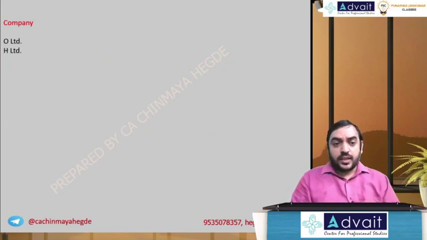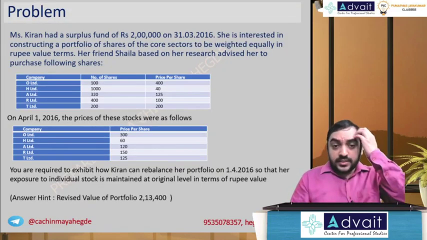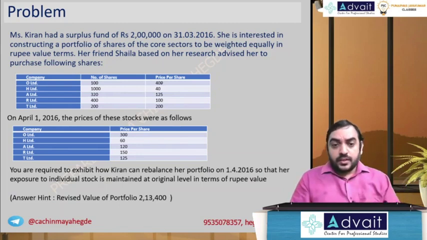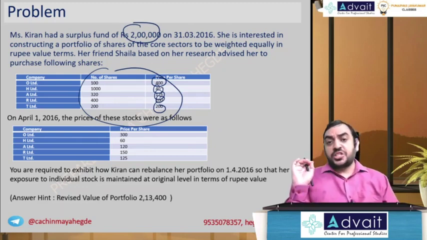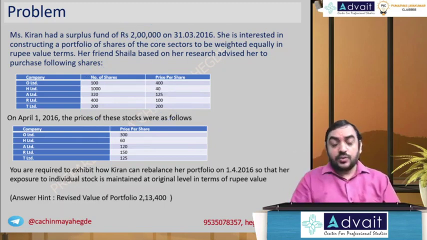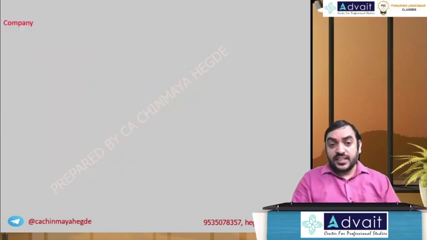First let me explain. Okay, what are the current prices? When you invested, it is 400, 440, 125, 100, 200, and total investment 2 lakh. So when you invested 2 lakh, this is how allocations have been done. Is it true? Let's check it out, because they said equal weights. Is it equal first of all?